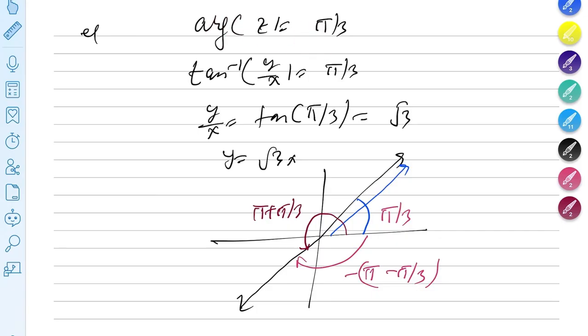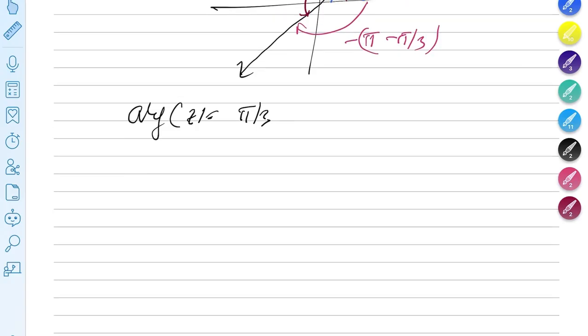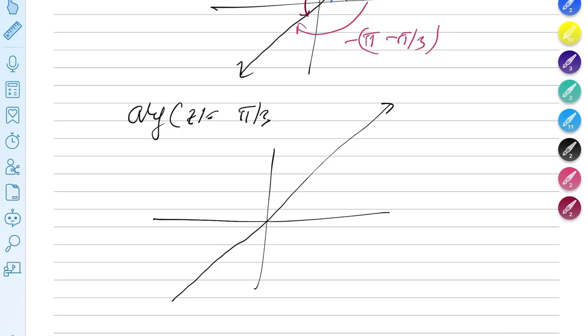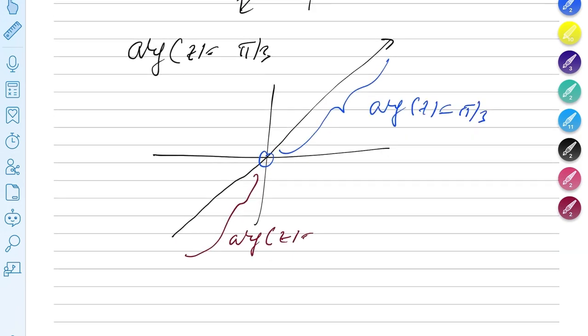Got it? So see, argument of z is equal to pi by 3. If I plot it, you should know that this is the plot, whereas this downward side is the argument of z equal to 4 pi by 3, or pi plus pi by 3.